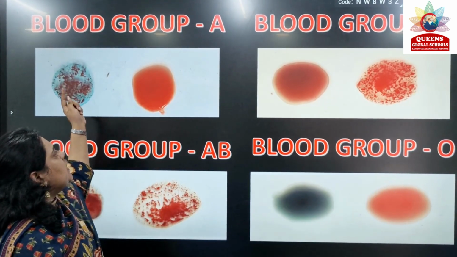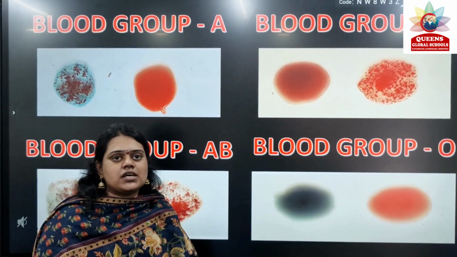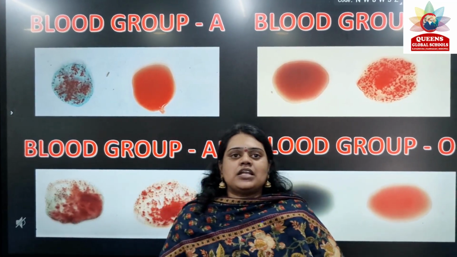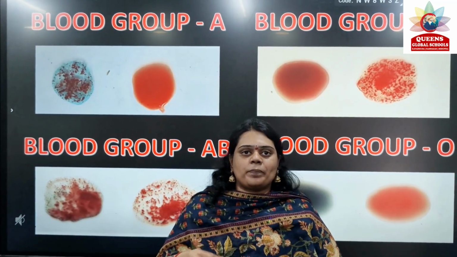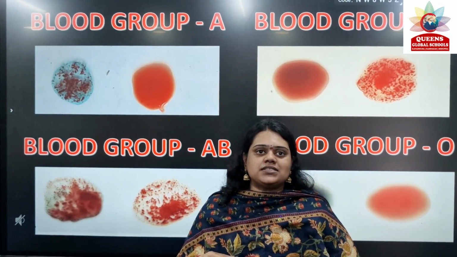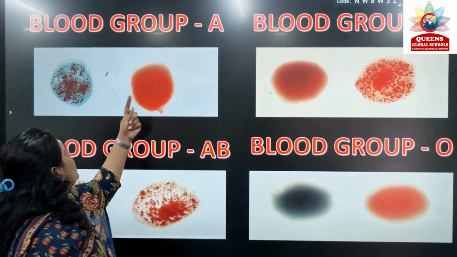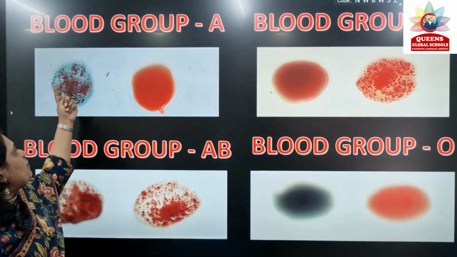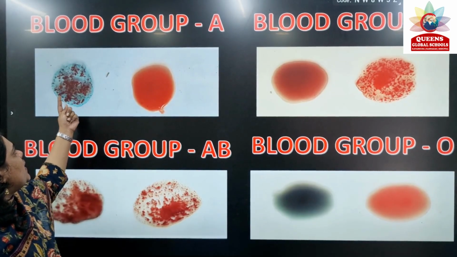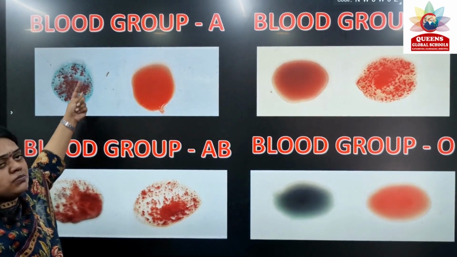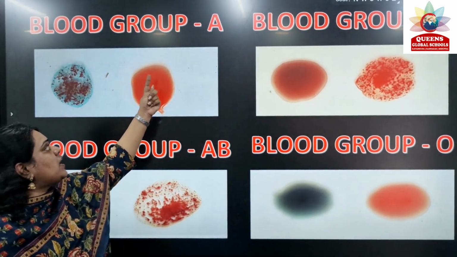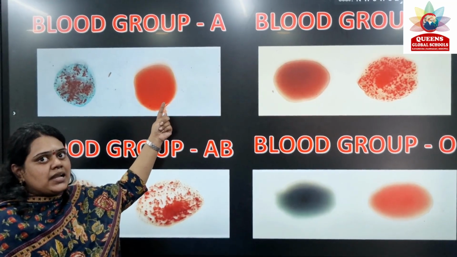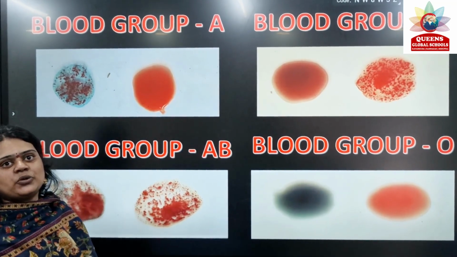Put them in anti-A and anti-B solutions. After putting the blood, take a toothpick and mix them properly. After mixing for some time, you will observe that in one particular plate, the blood gets lumps. But when you observe the other plate, the blood doesn't get lumps, but it dissolves into it.